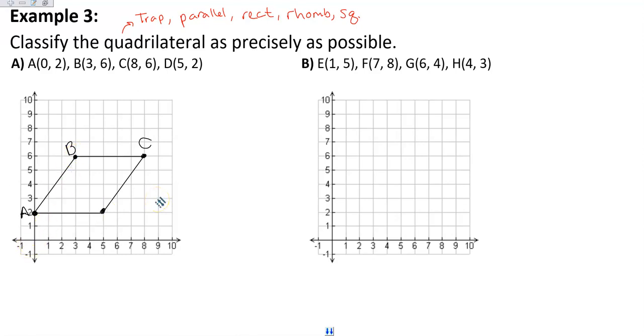So a couple of things: when you see this, you should automatically be starting to think about a parallelogram. I know that AD and BC are parallel, because they are both horizontal lines, and their slope is 0.